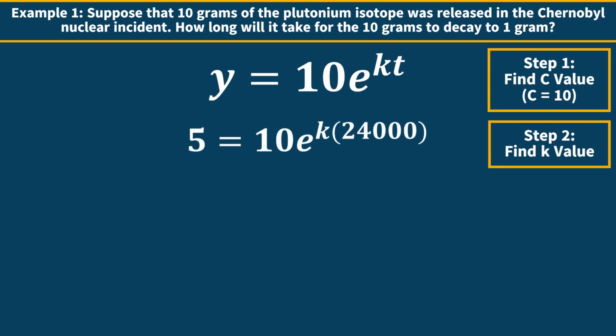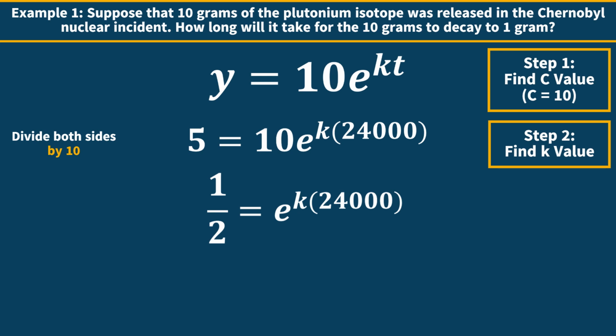Now we have 5 is equal to 10 times e raised to the k times 24,000. To solve for k, first we divide 10 to both sides. That will give us 1/2 is equal to e raised to the 24,000 times k. To bring down our k value, we take the natural log of both sides.